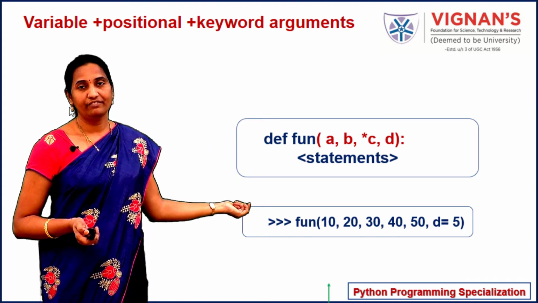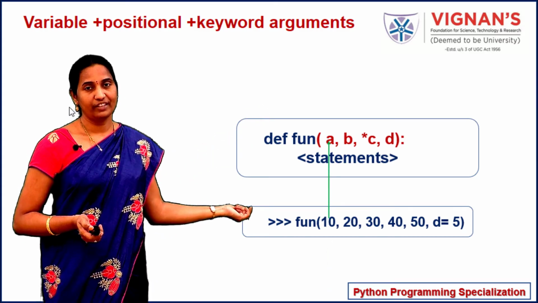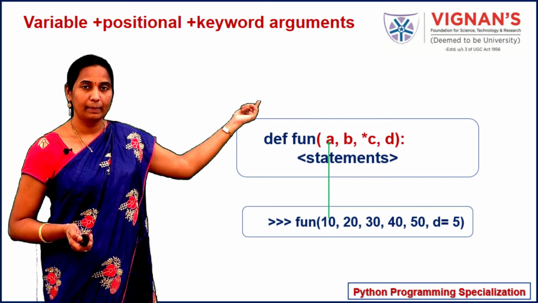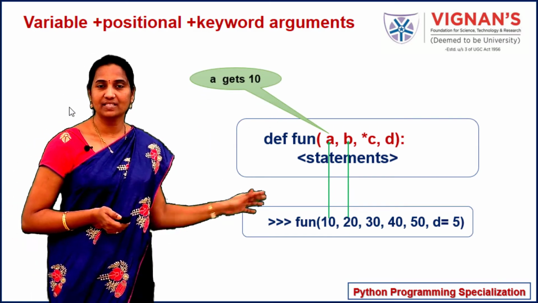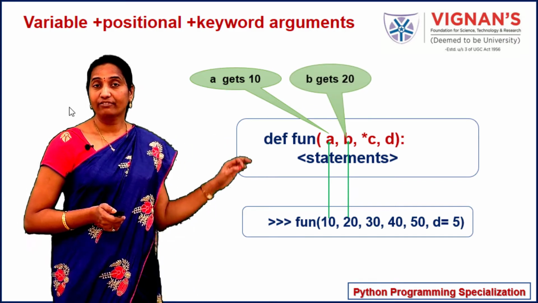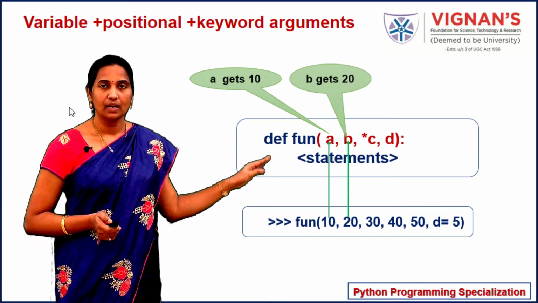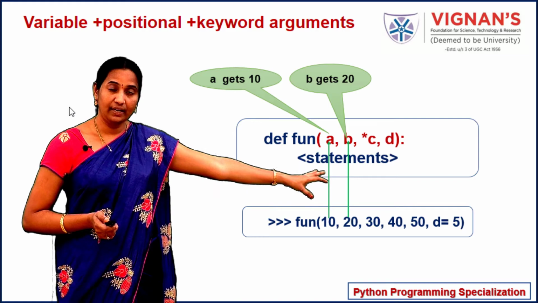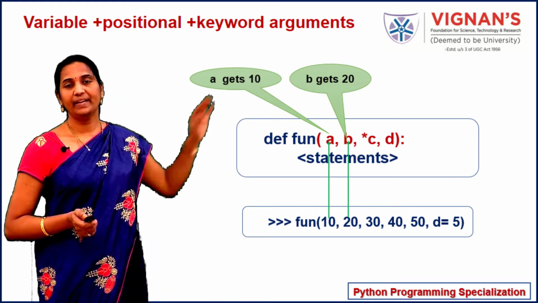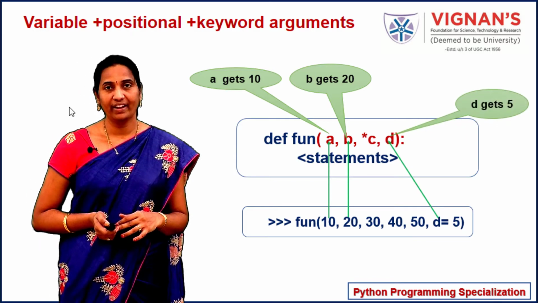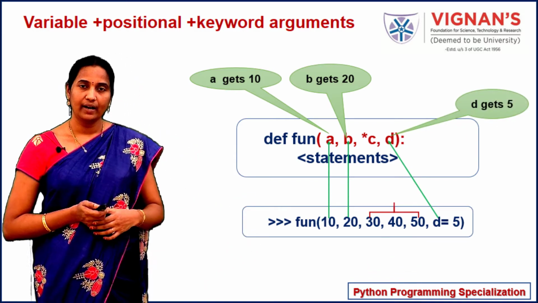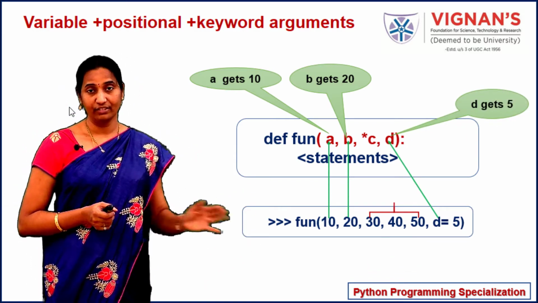That's how the first value you are passing to the function call will be copied to the parameter a. That's how a gets the value of 10, and similarly b gets the value of 20. After that, the last keyword argument will get the value d equal to 5, right? So d will be assigned the value of 5. And what are the arguments that are remaining here? 30, 40, 50. Right?